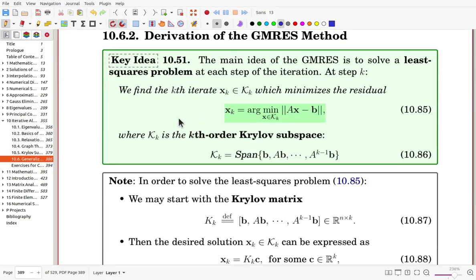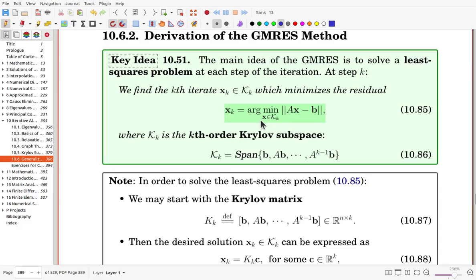Now let's go to the derivation of the GMRES method. The main idea of the method is to solve a least squares problem at each step of the iteration. For the new iterate, we try to get it so that the new iterate is minimizing this residual.